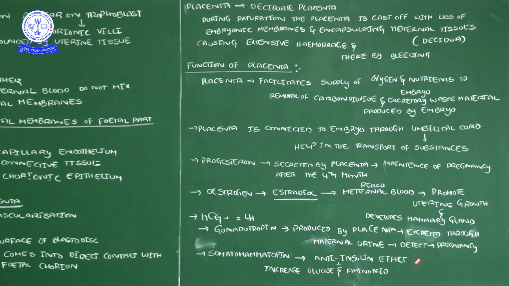That is primary detection, because the female's urine contains this gonadotropin. Gonadotropin is released after placenta formation, which only happens when embryonic development occurs. That is one of the hormones.